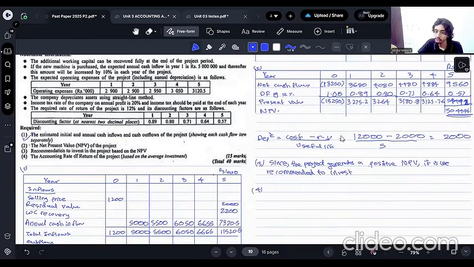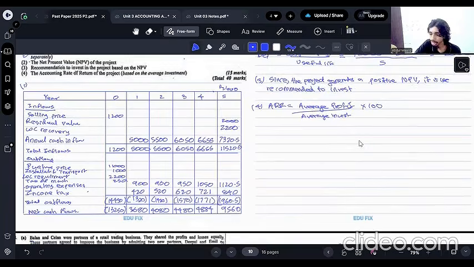Then the fourth one, the accounting rate of return of the project based on average investment. ARR equals average profit divided by average investment into 100. First of all, average profit. How do you get the average profit? Average profit equals total profit divided by number of years.